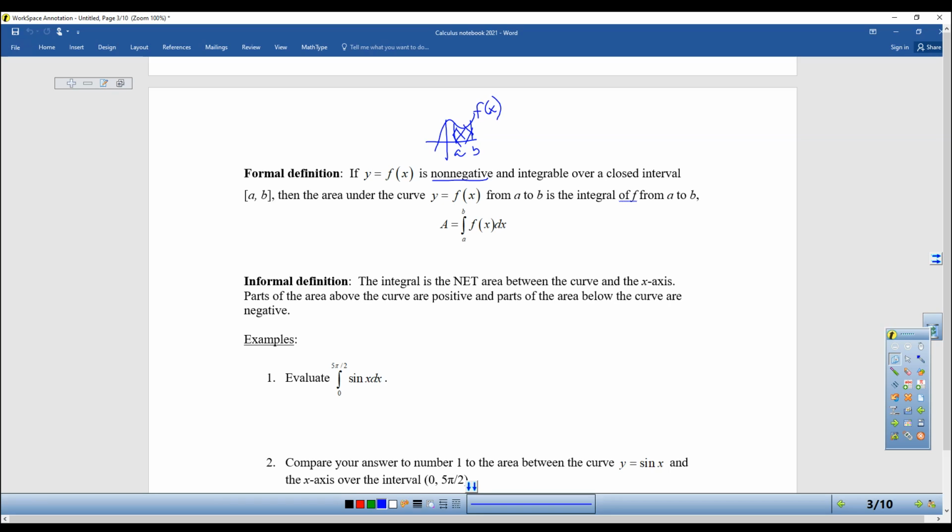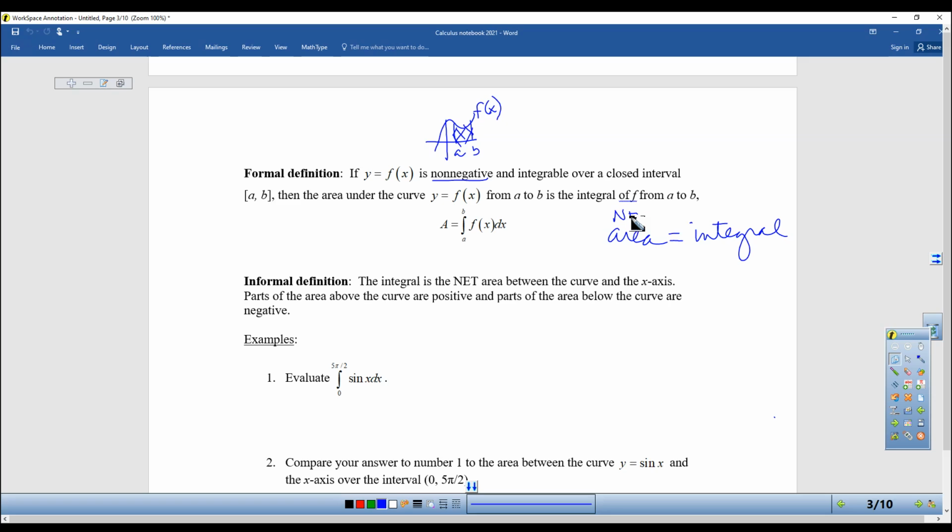So just like back when we were doing derivatives, I really wanted you to memorize derivative is slope. Slope is derivative. Now I want you to think area equals integral. That's what an integral does.